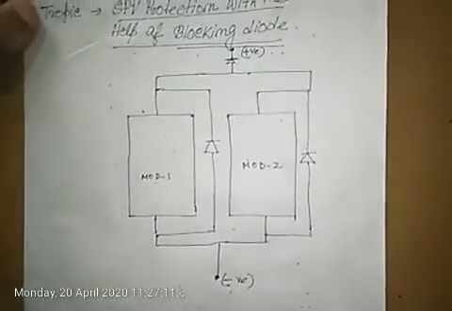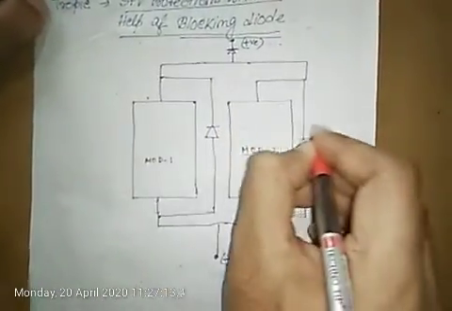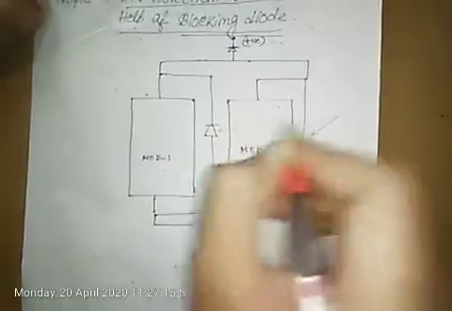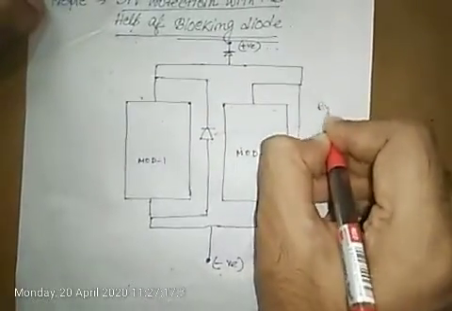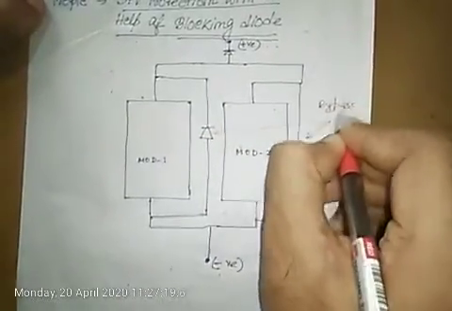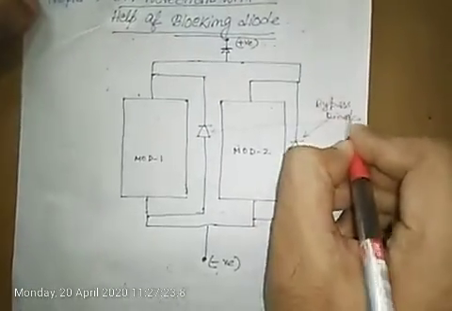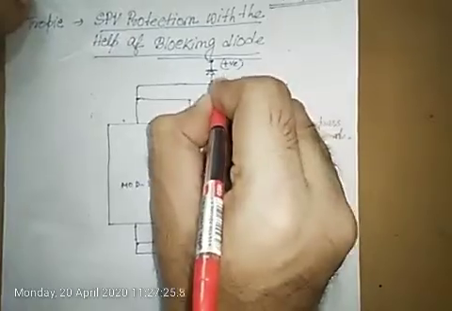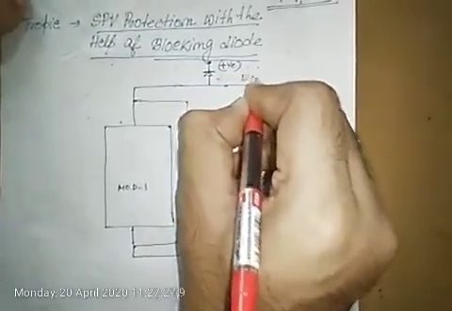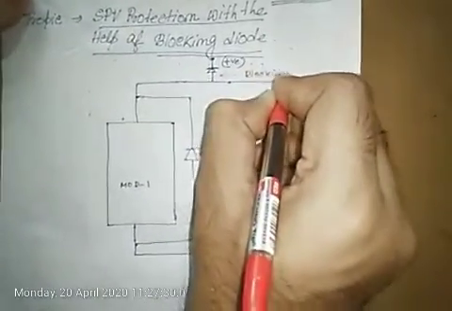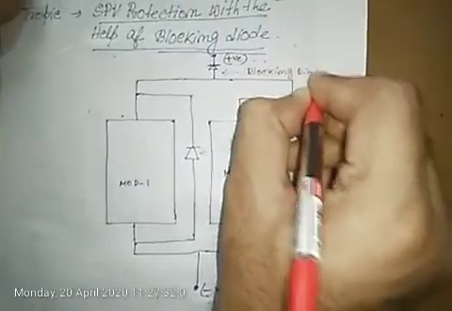And these two diodes are called bypass diodes. And these diodes are called blocking diodes.